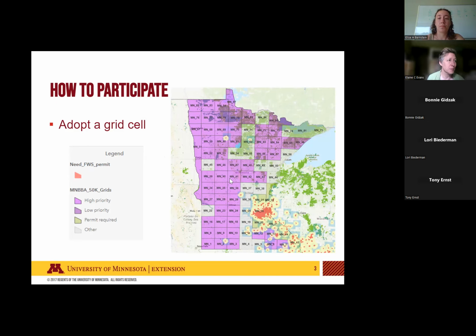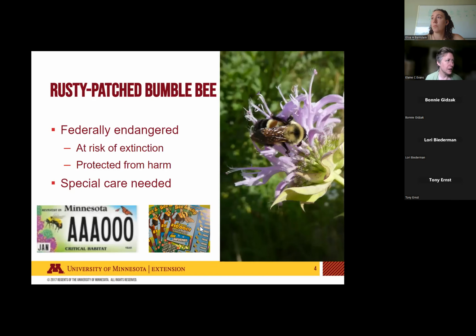These purple ones are ones where we for sure need more survey work, and then we do have some of these grids where we have some coverage with these potential zones for the Rusty Patch Bumblebee, and those are ones where you do need some special information about what to do, which is what we're going to go over now.